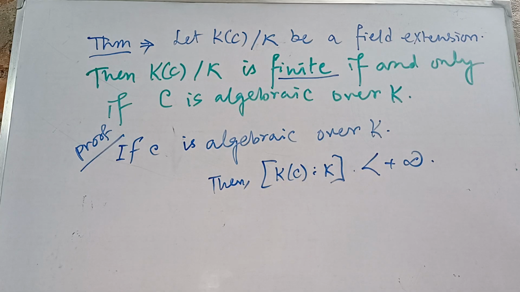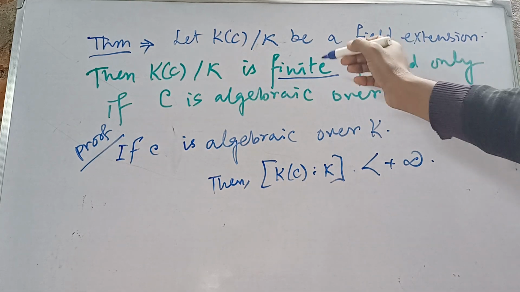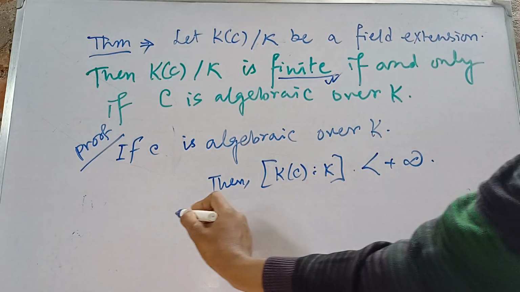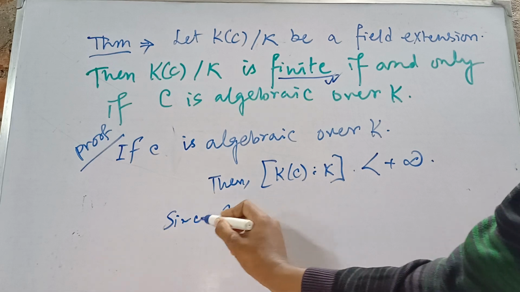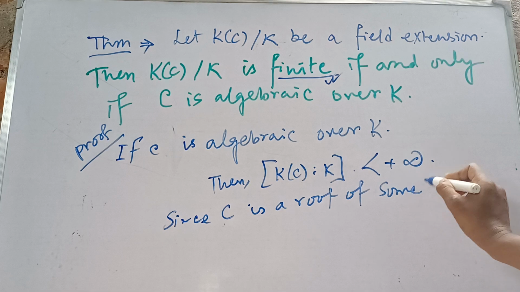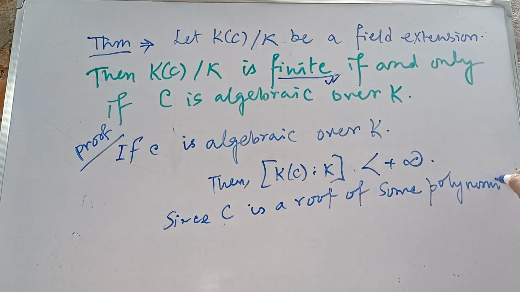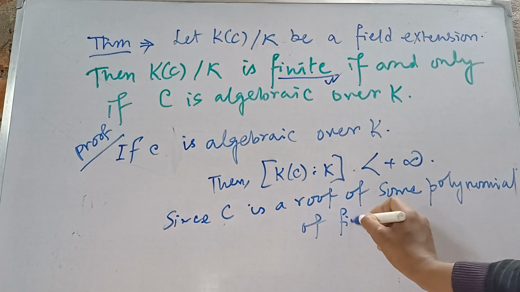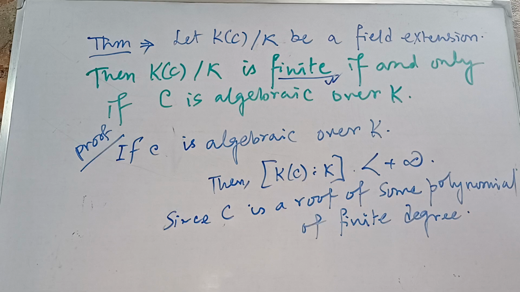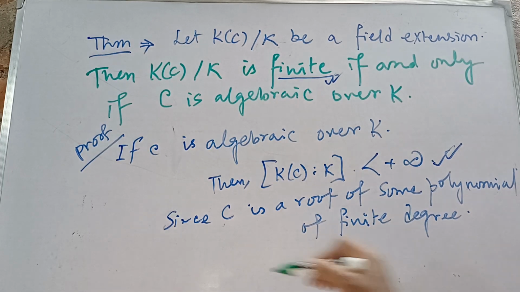So in this way we write this is finite. Since c is a root of some polynomial of finite degree, this is less than plus infinity, that means K(c) over K is finite.